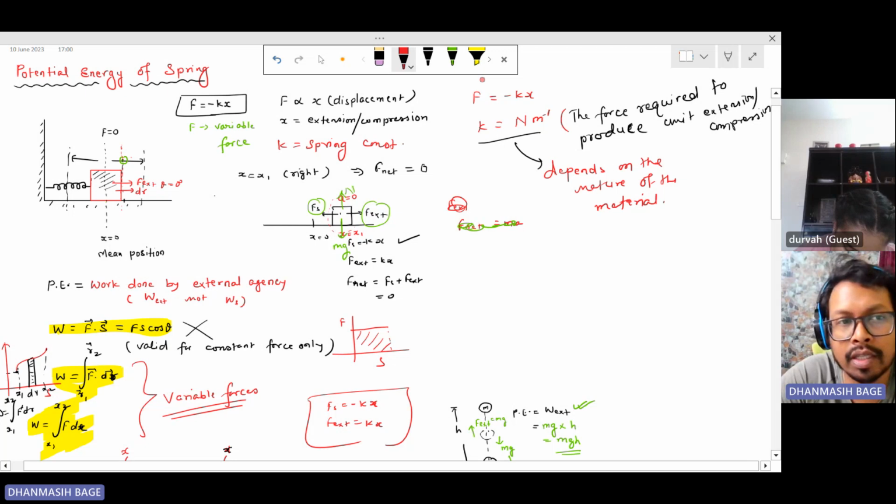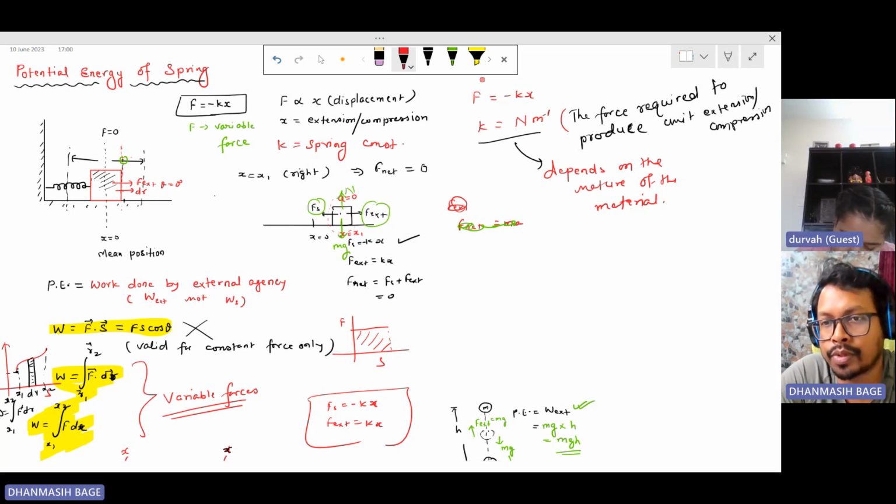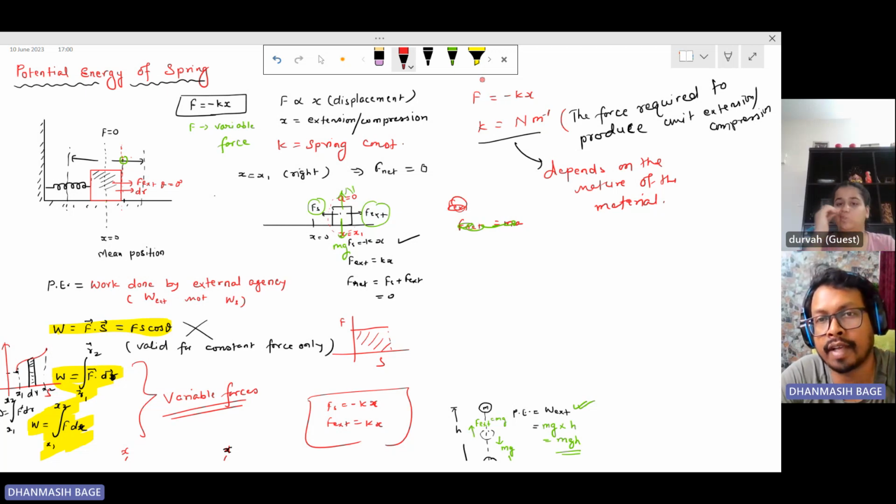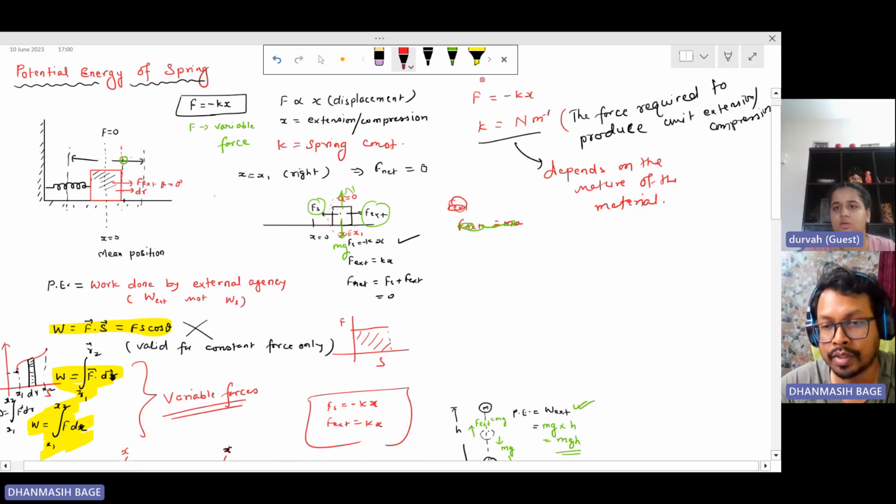If the material is not that strong, then if you apply a certain amount of force, it will produce a greater extension because it is more flexible. You can say that it is the measure of flexibility of the spring. If K is less, it is more flexible. If K is very large, it is very difficult to extend the spring. Greater the K, greater will be the force required to produce unit extension.